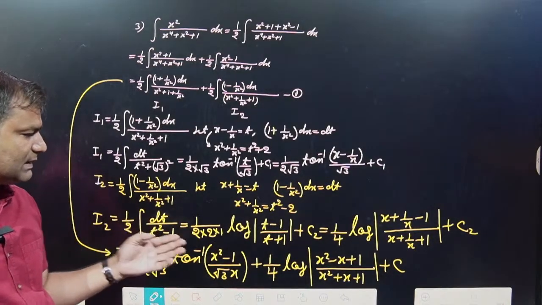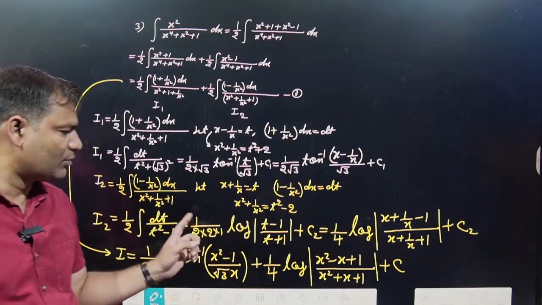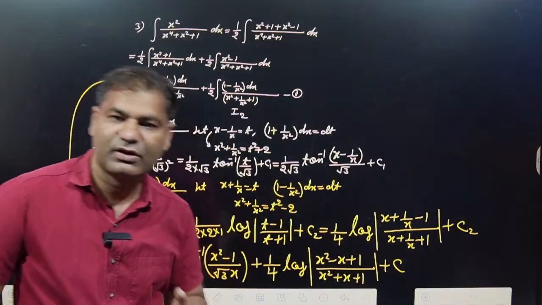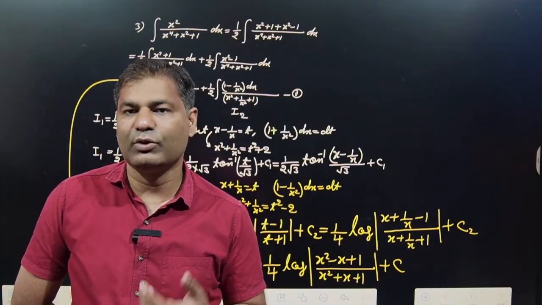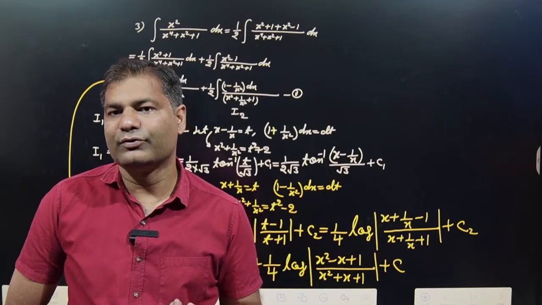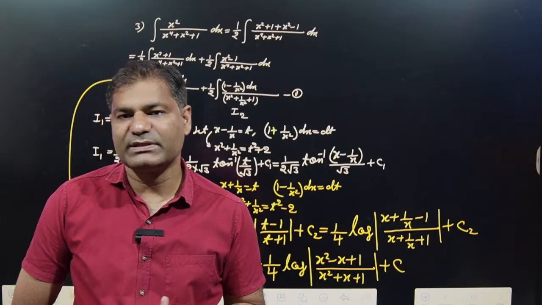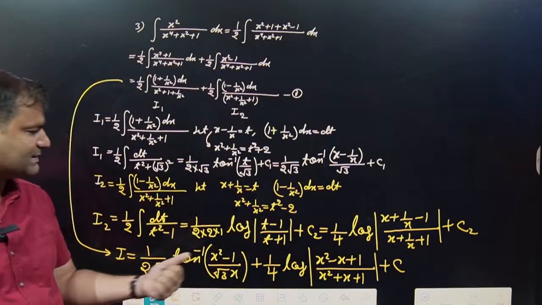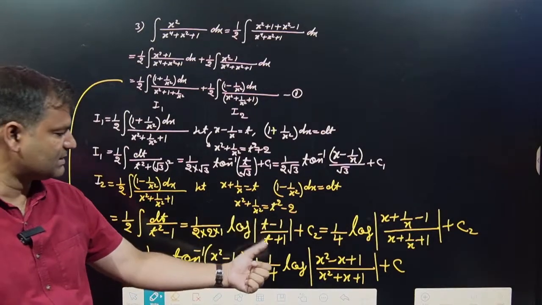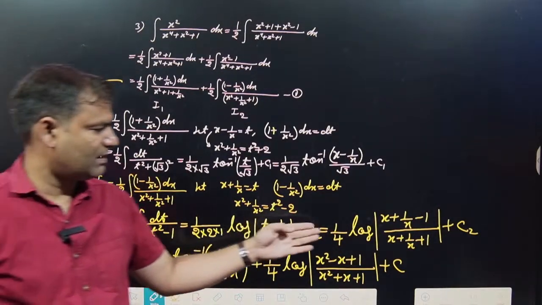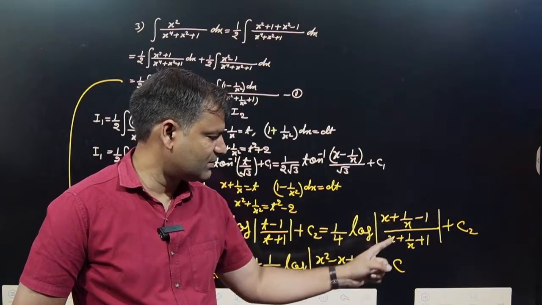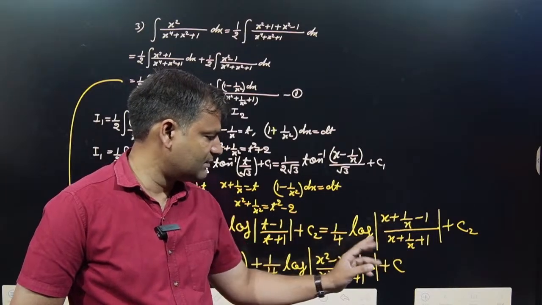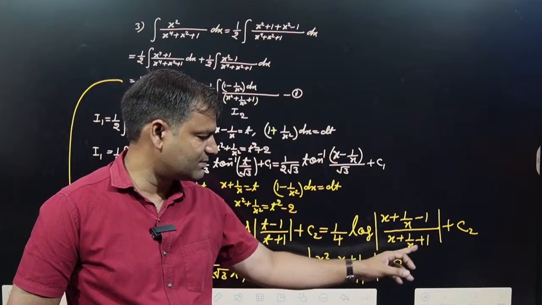After that, apply the formula: integration of dx divided by x square minus a square is written as 1 upon 2a into log of x minus a upon x plus a. So x is basically t, so t minus a upon t plus a, basically 1. After that, t is replaced by x plus 1 upon x, minus 1 upon x plus 1 upon x plus 1.